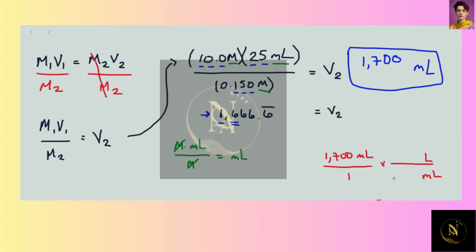And we know there are 1,000 milliliters for every 1 liter. Again, we can get rid of our units there. Milliliters will cancel with milliliters, and 1,700 divided by 1,000 is 1.7. And again, this answer is in liters. And that's how you would do that.